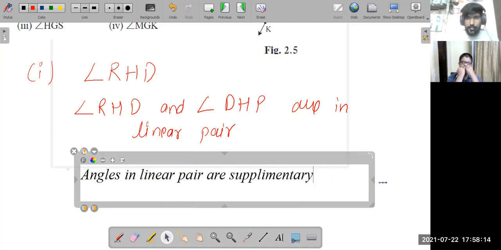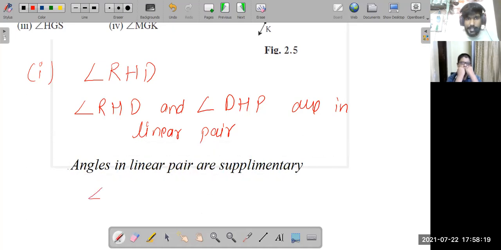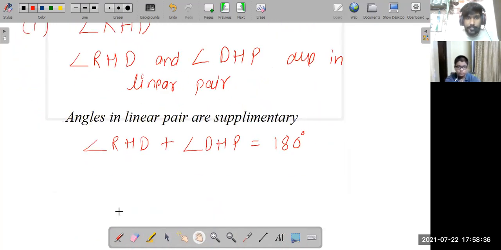So that means angle RHD plus angle DHP is equal to what? 180 degrees. Now substitute the value of angle DHP, that is 85. RHD we have to find out. So write it as it is: RHD plus DHP is 85 degrees, and this is 180.